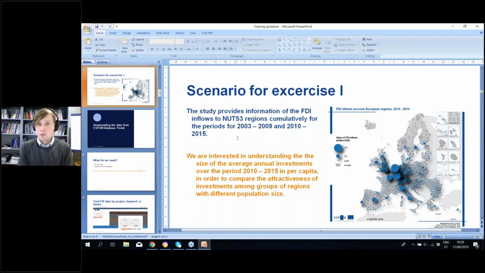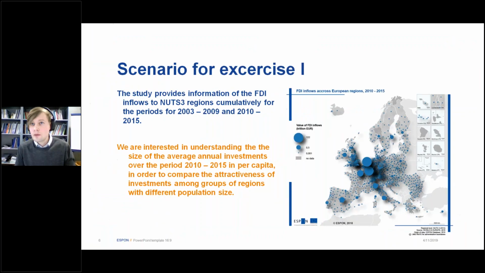but we are not interested in producing the same map per se, but we would be interested in analyzing the same data, because as you see from the map, when looking at the total values, just zoom in. When looking at total values, we miss some of the context in our analysis.